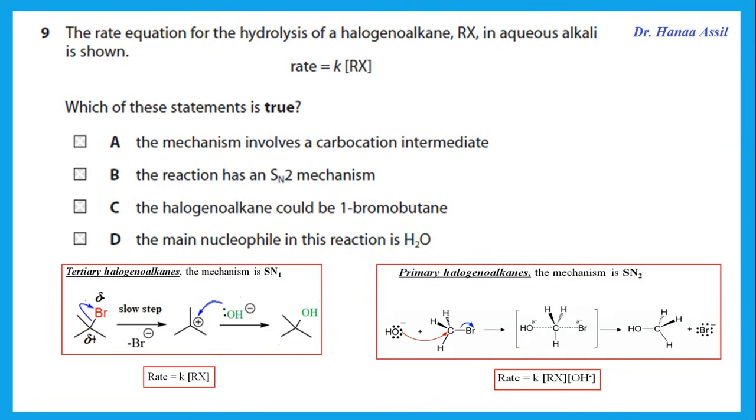But when we say that the rate depends on the concentration of only the halogenoalkane, that means we're talking about SN1, and that means we're talking about a tertiary halogenoalkane. And for the tertiary halogenoalkane, the mechanism involves a carbocation intermediate, which is a carbon atom that has a full positive charge formed when the Br leaves.